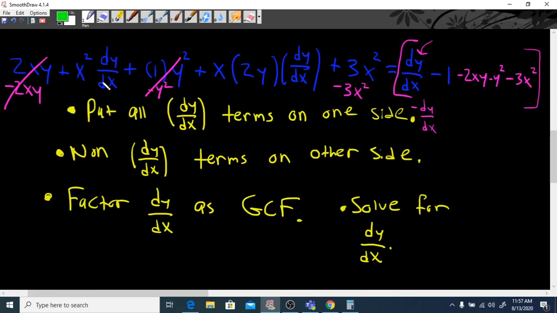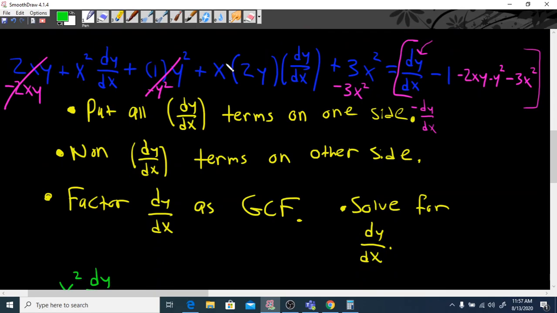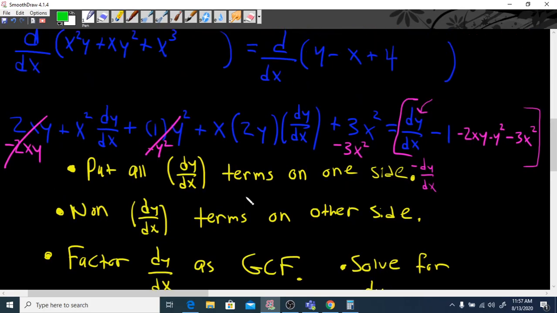So on the left-hand side, I'm going to have x squared dy dx plus 2xy dy dx and that's going to be it for the left-hand side.